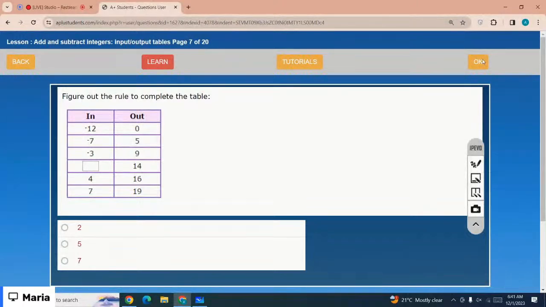Figure out the rule to complete the table. Okay, first you have to figure out the rule. Negative 12, 0. That means you have to add. What is the rule?